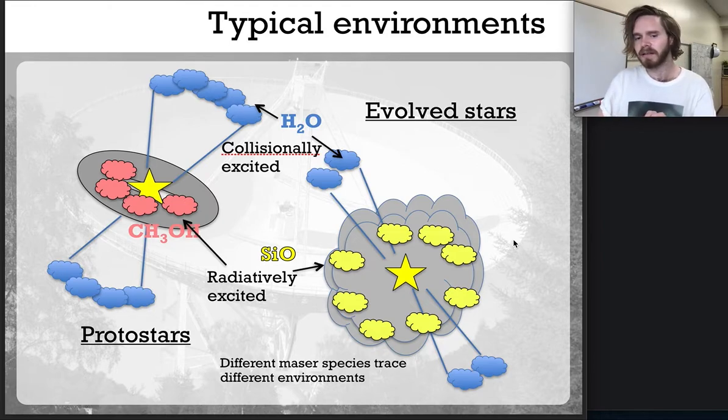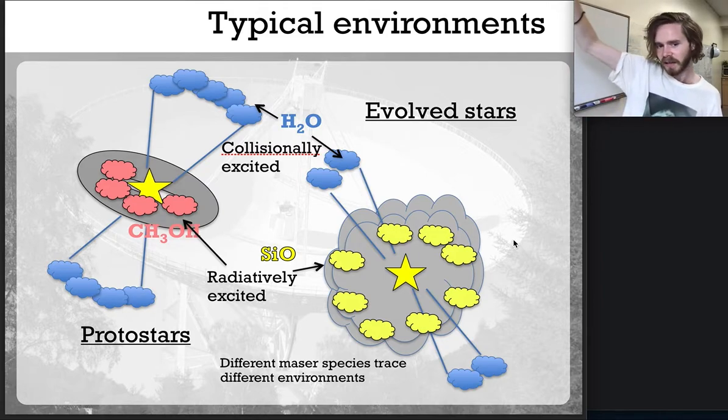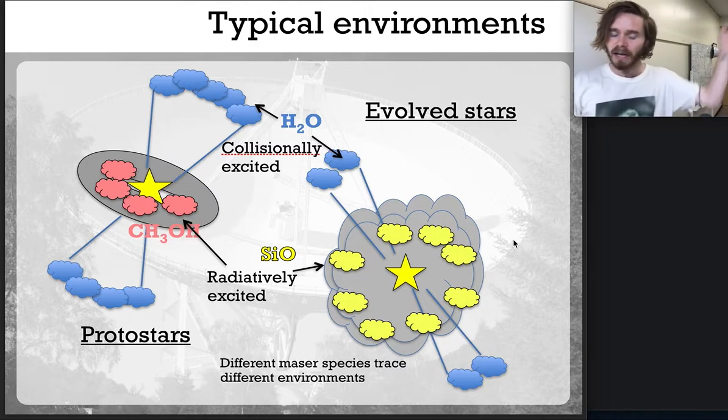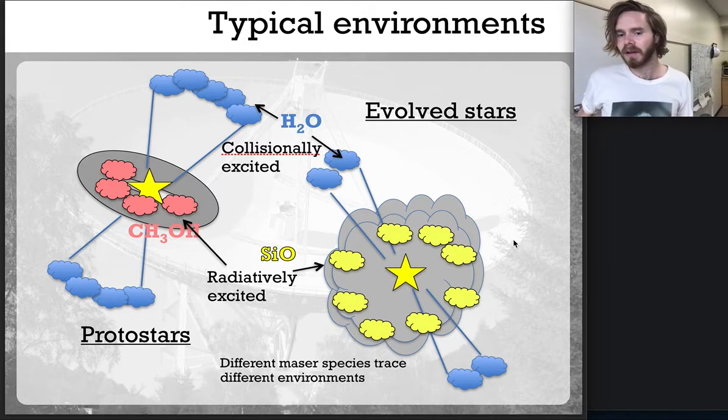You very rarely see SiO masers in protostars. So you can already see, from this plot, that if I point my telescope at the sky and find a 6.7 gigahertz methanol maser, I can say that object is a protostar. But if I point in another direction and find an SiO maser, I can say there's an evolved star in that direction. So you can already start to see the uses of masers.